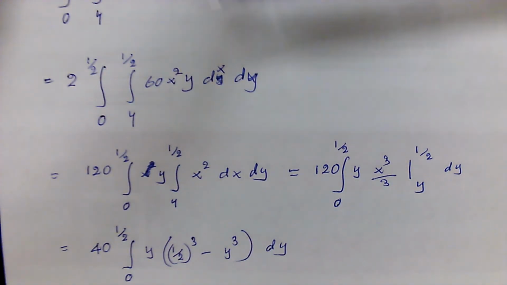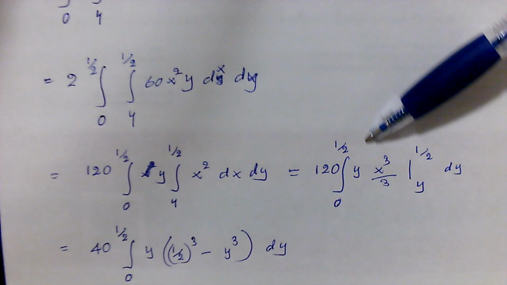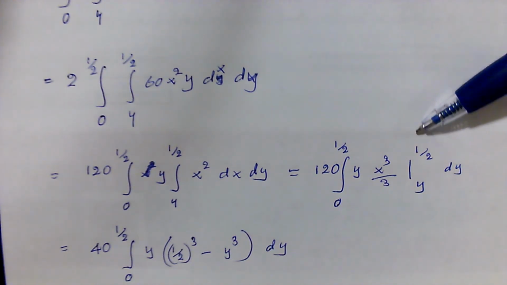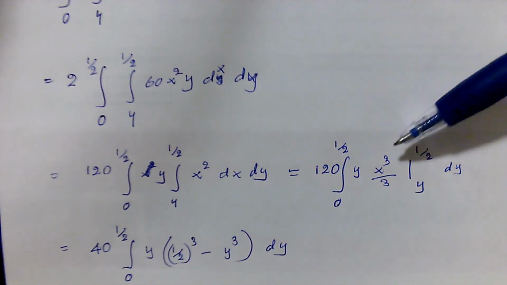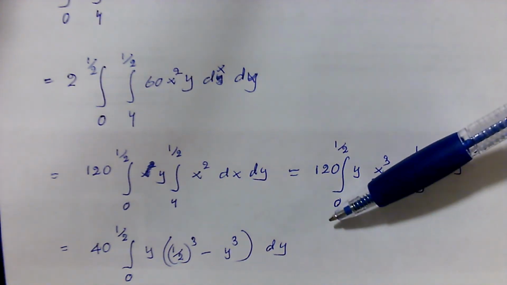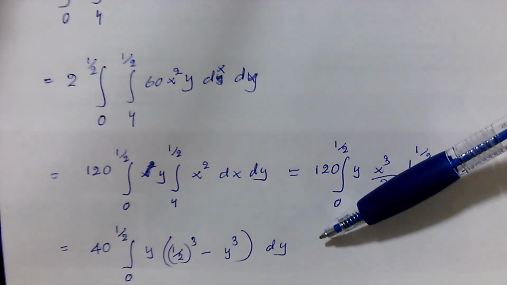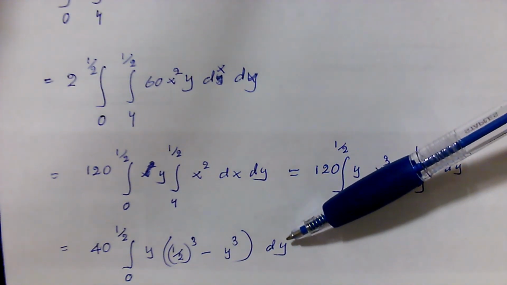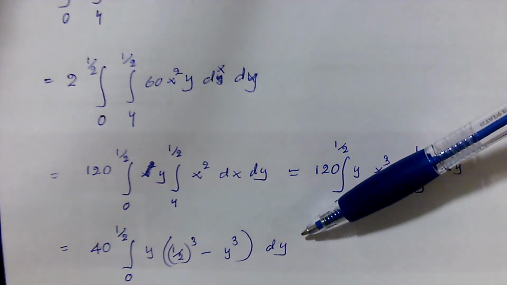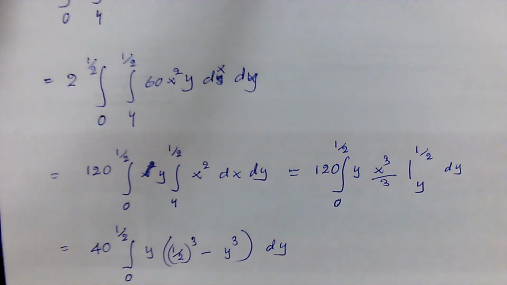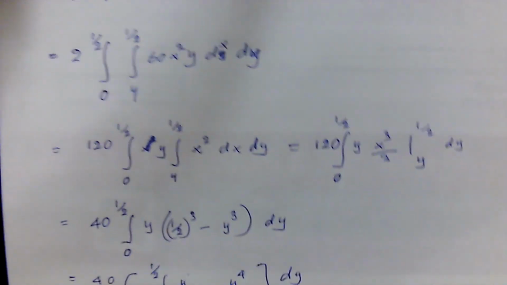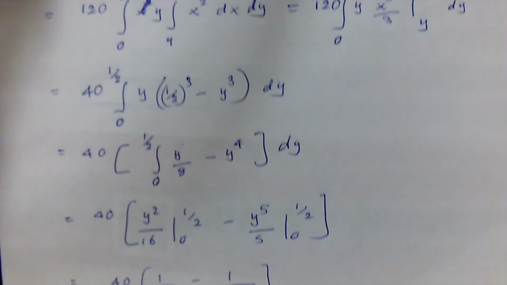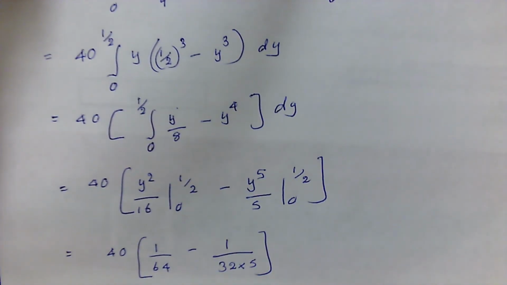So when I take the integral, it will be equal to x to the power 3 divided by 3, and when I substitute the limits, it will be equal to y times (1/2 to the power 3 minus y to the power 3) with respect to y. So now you can take the integral with respect to y.